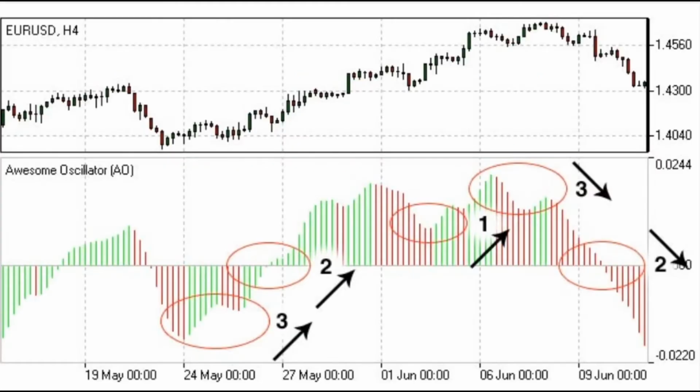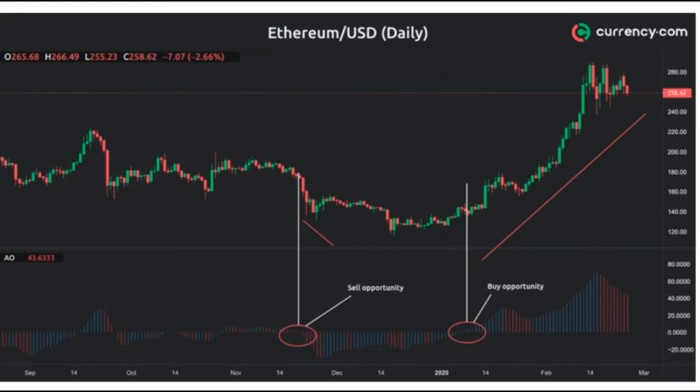In simple terms, the bar will be green if it has a higher value compared to the previous bar, and it is red if the value is lower compared to the previous bar. Another element is the zero line, around which the indicator oscillates between positive and negative values. If the indicator values are above the zero line, it means that the shorter period is higher than the longer time frame, and vice versa.